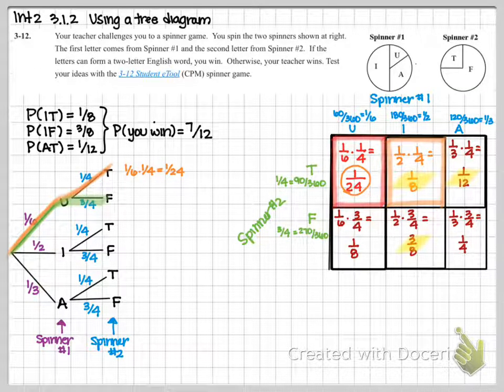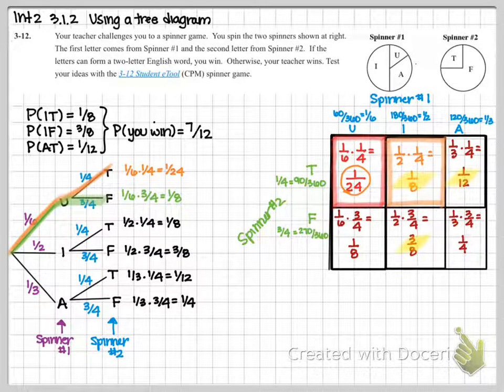That's going to be 1/6 times 3/4. And that would give me 3 over 24, but that simplifies to 1/8. You can also find that inside the area model. So go ahead and take a minute and see if you can fill in the results at the end of each branch.